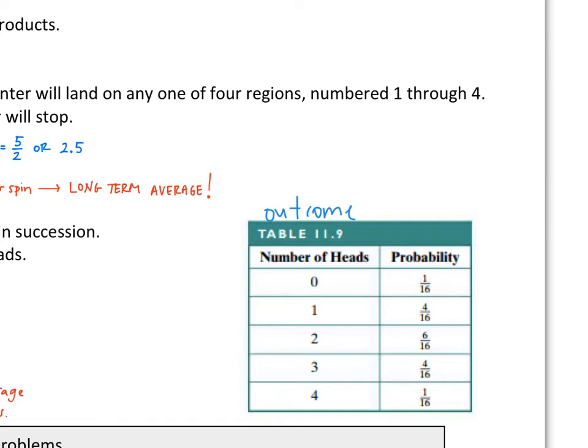So we are going to take our outcome and multiply it by the probability of that outcome, and then add all of these together. So 0 times 1/16 plus 1 times 4/16 plus 2 times 6/16 plus 3 times 4/16 plus 4 times 1/16. That's how we're going to set up our expected value.